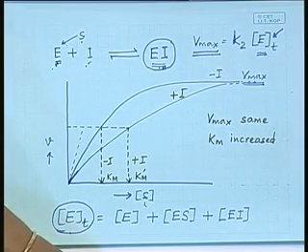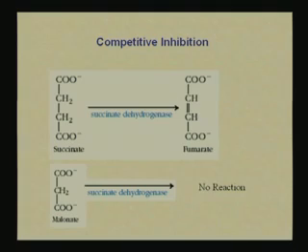Okay, if we go back to the slides now, I have this on the slide also. This is a very specific example, succinate dehydrogenase. What does dehydrogenase do? The name implies that it is going to dehydrogenate succinate.